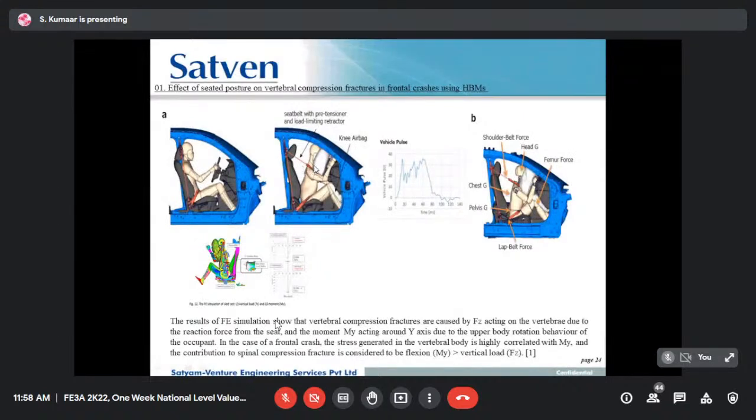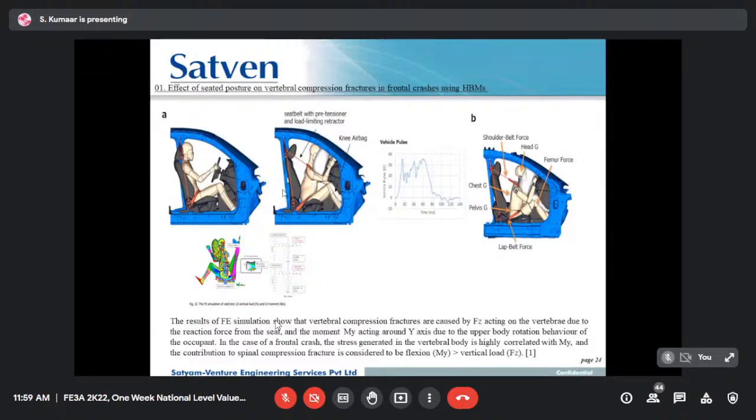At the same time, we can see the chest is going to contact the steering. Here we need to measure how much the chest is getting deflected. If it goes beyond a certain limit, it will not pass, and the human will get injured.